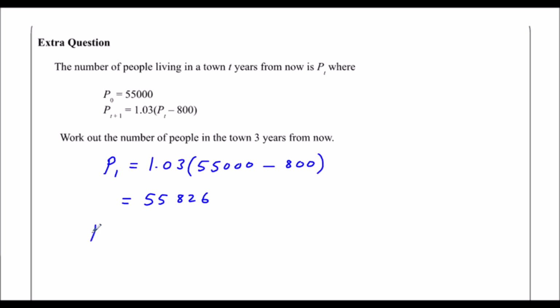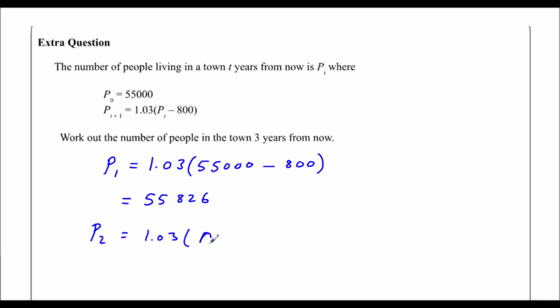55,826. To find the number of people in the town after 2 years, we substitute in the number of people after 1 year. So P2 is 1.03 times P1 minus 800. And on our calculator, we can use the answer button.